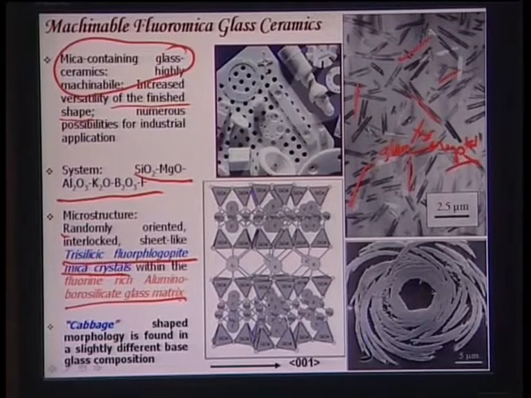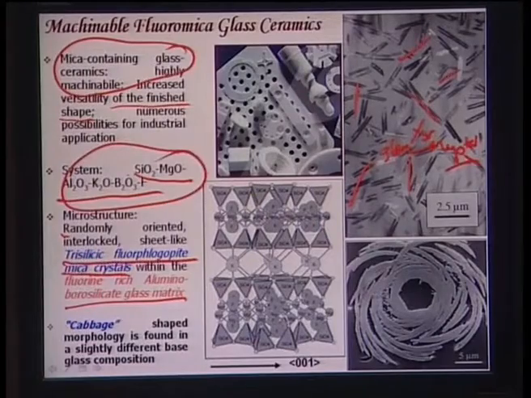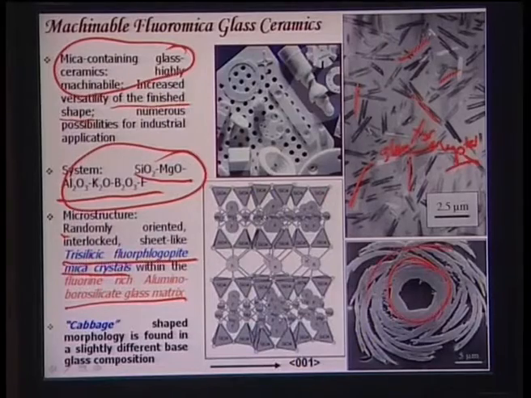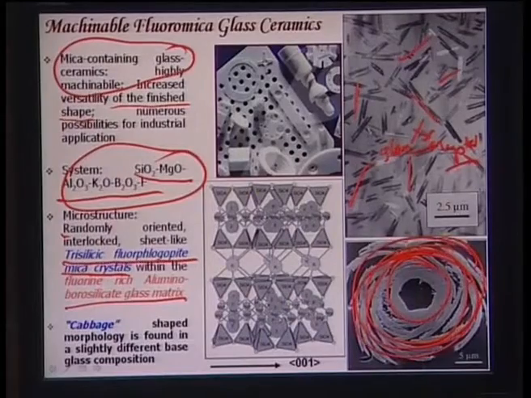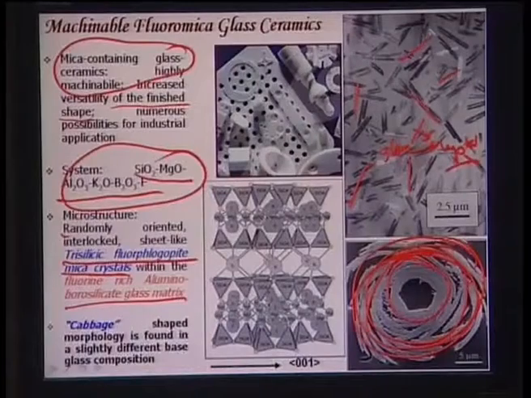It is fascinating to note that in this particular glass ceramic system, you can develop different morphologies of the crystals. For example, this morphology is called the cabbage shaped morphology. This looks more like a cabbage, right? Cabbage is a vegetable, and this cabbage shaped morphology can be developed in these materials by changing the heat treatment conditions.